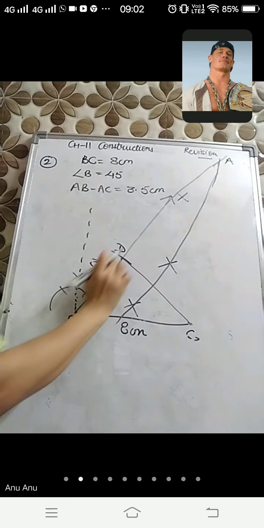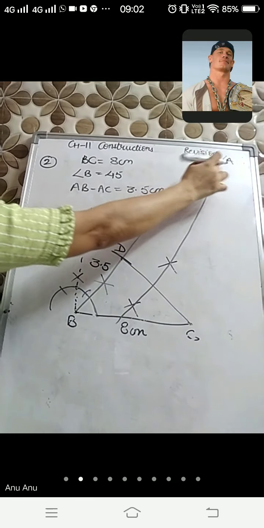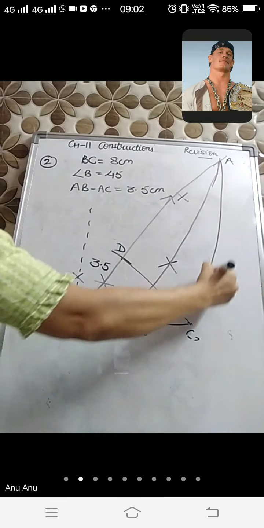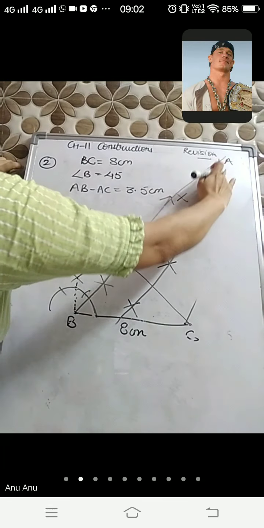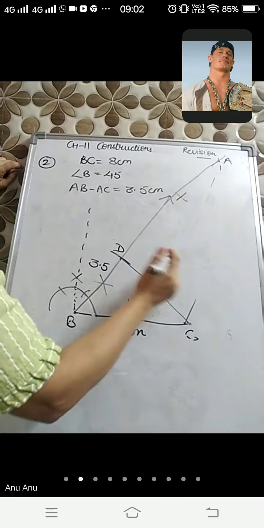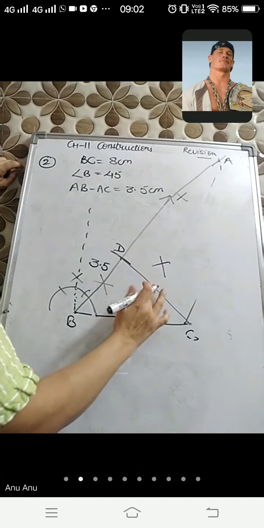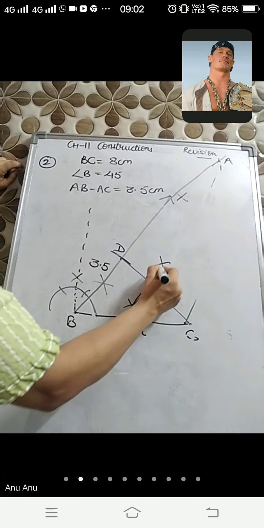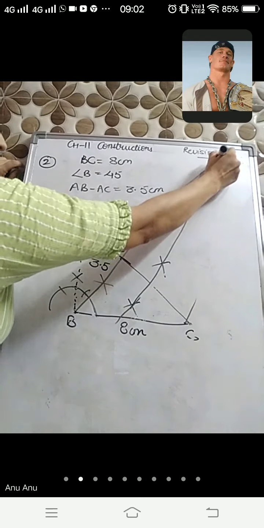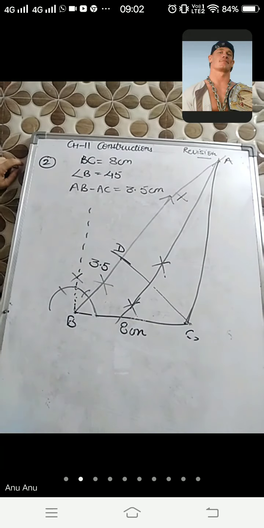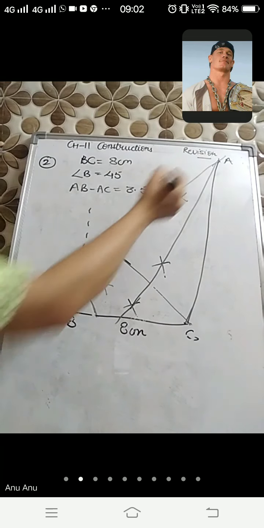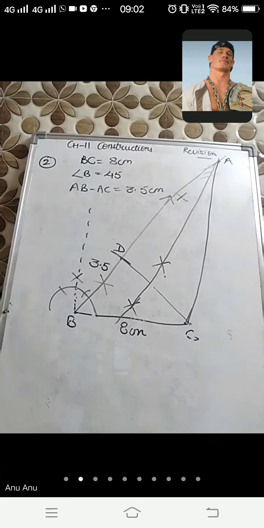मैंने आपको कहा था ना एंगल वाली लाइन पे जहां कट होगा that is your A. Now you will join AC, so this is your triangle.